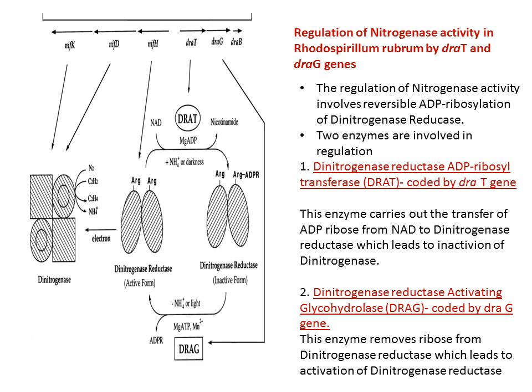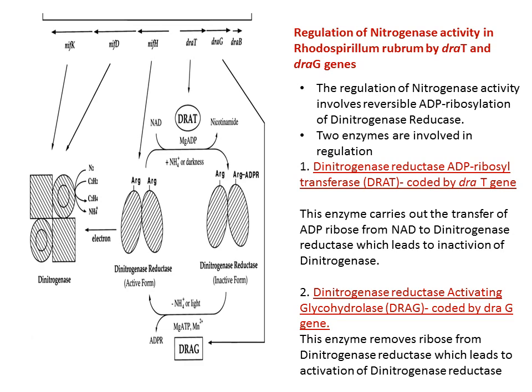The DRAT gene codes for the DRAT protein, that is, dinitrogenase reductase ADP ribosyl transferase. What this protein does is transfer ADP ribose from NAD to dinitrogenase reductase. This dinitrogenase reductase is one of the proteins of the nitrogenase enzyme.